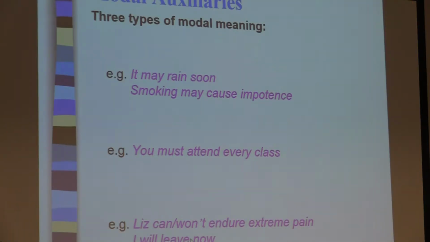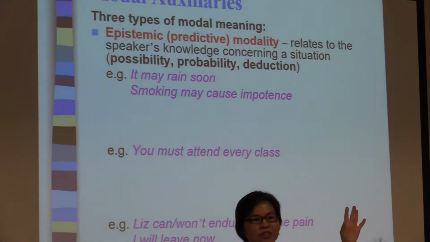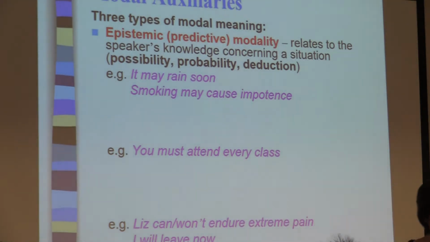Remember these three different types? Epistemic modality, about your knowledge of the world. For example, it may rain soon. Your knowledge, looking at the clouds, black clouds, so you say it may rain soon, about possibility.